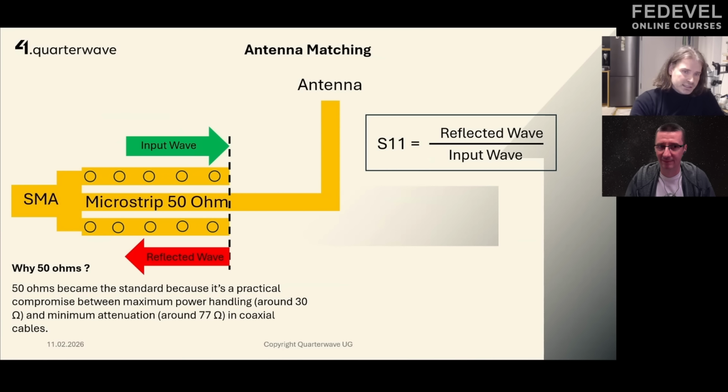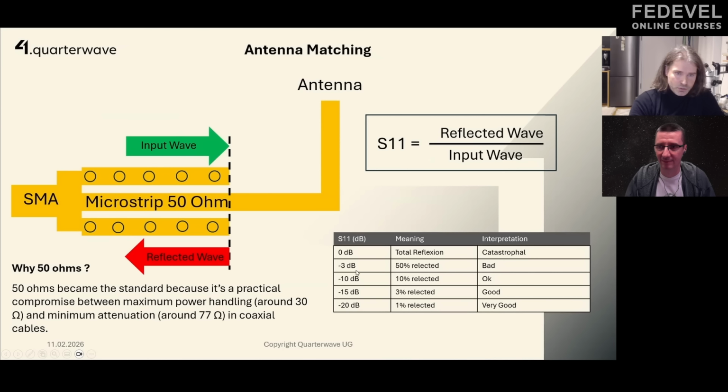To understand what it means, in the RF world we are working with dB, decibels. If you have minus 3 dB S11, this means that 50% of your power is reflected, and it is really bad. Sometimes it could even destroy your transceiver if too much power is reflected.